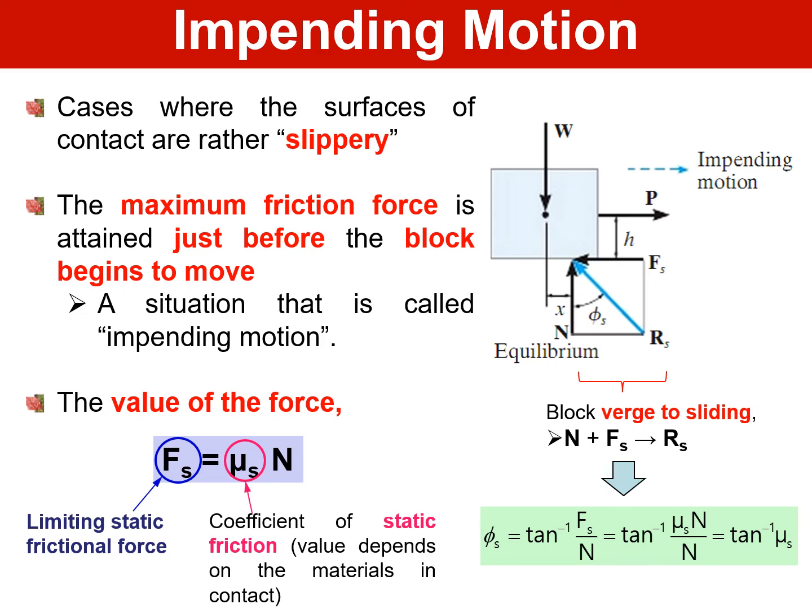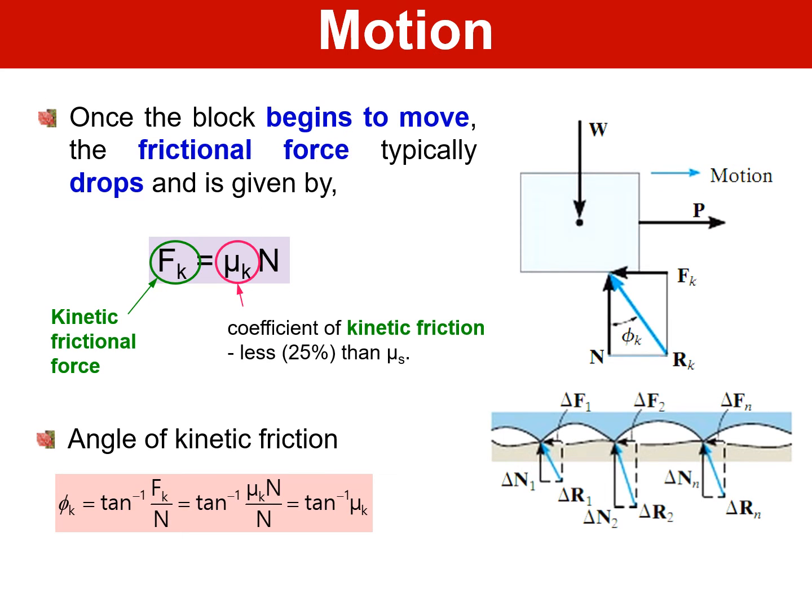Then you can calculate the resultant of the frictional force, R, using the angle phi. In this equation you use the coefficient of static friction mu s, and take the arctangent of the coefficient to get the angle.